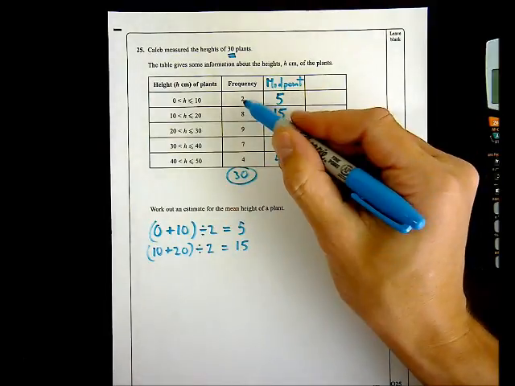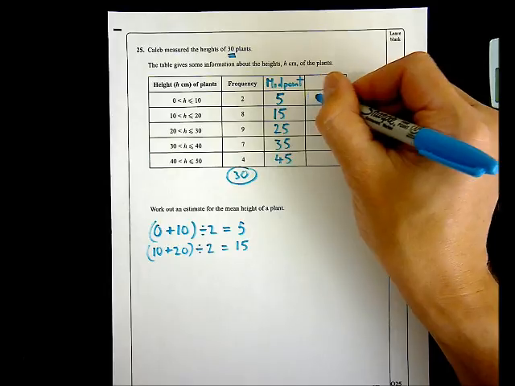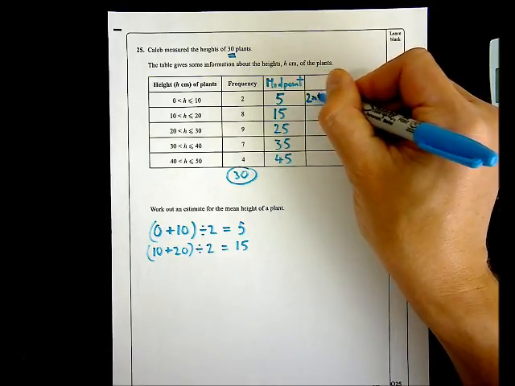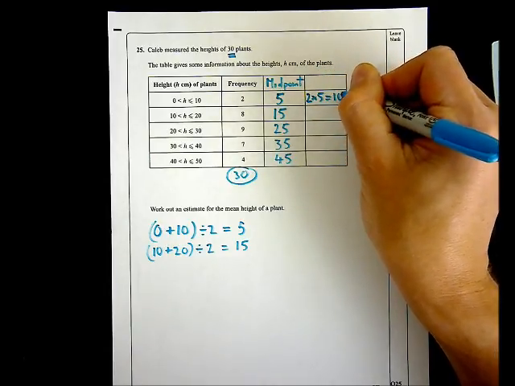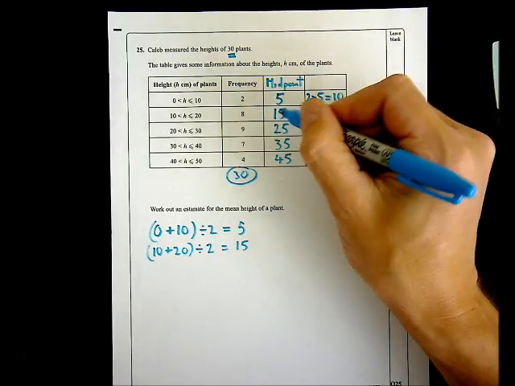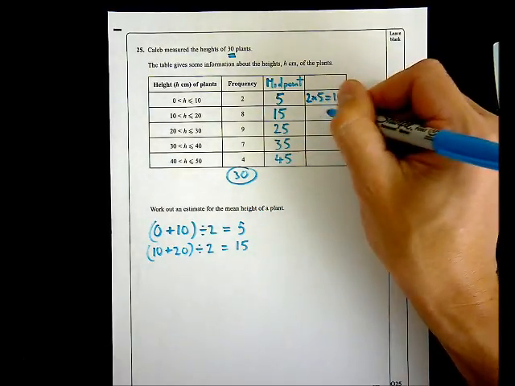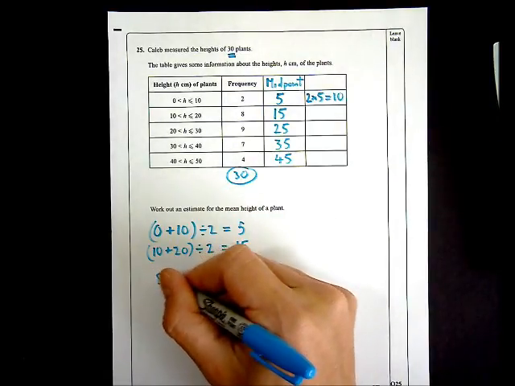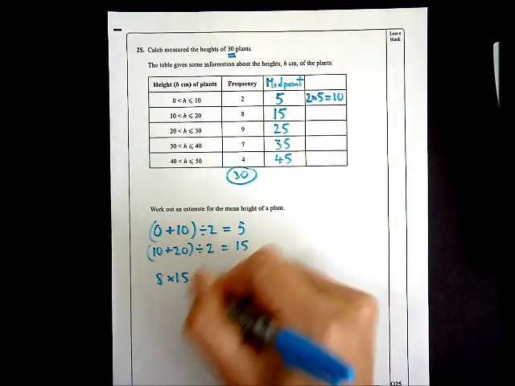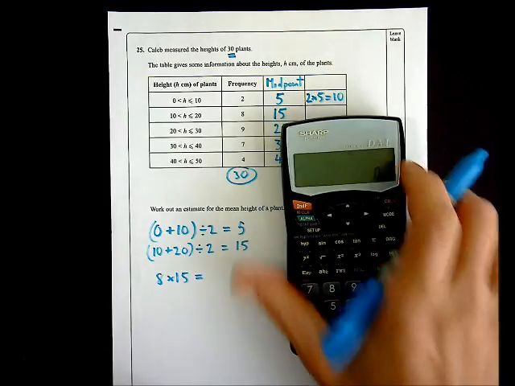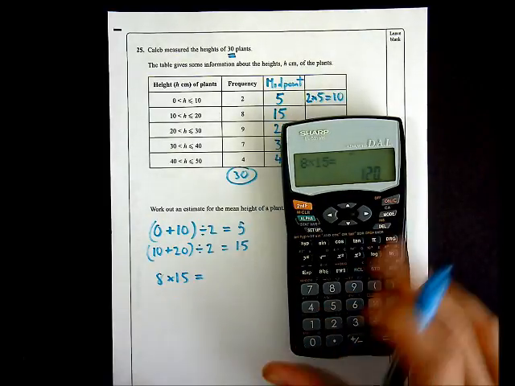Okay, now I've got 2 plants with a height of 5 centimetres, so in total they would have a height of 2 times 5, which is 10. And I've got 8 plants with a height of 15 centimetres, so I'm going to work out what they would be using the same method of multiplying. And I'm going to do that down here because I'm a bit pressed for space above. So 8 times 15 is 120.